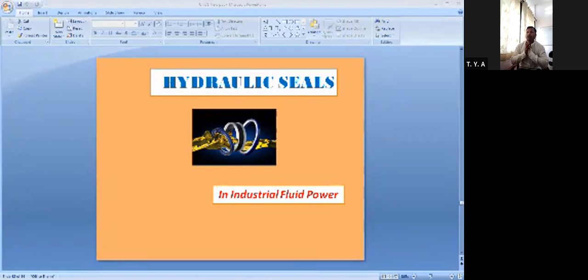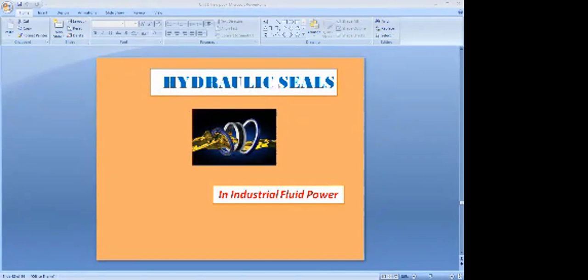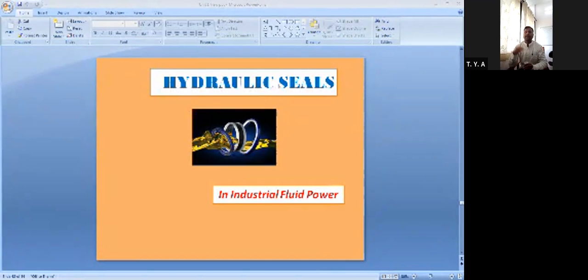So there is no chance of fluid loss, because eventually that fluid returns to the reservoir. But due to the leakage, the efficiency loss or temperature increment are other situations that we need to control or avoid. This was about the internal minor leakage.